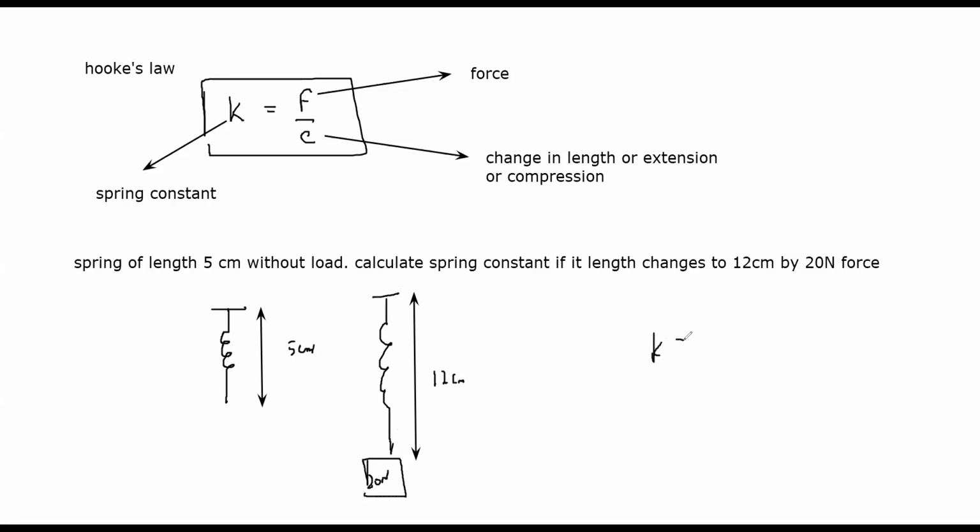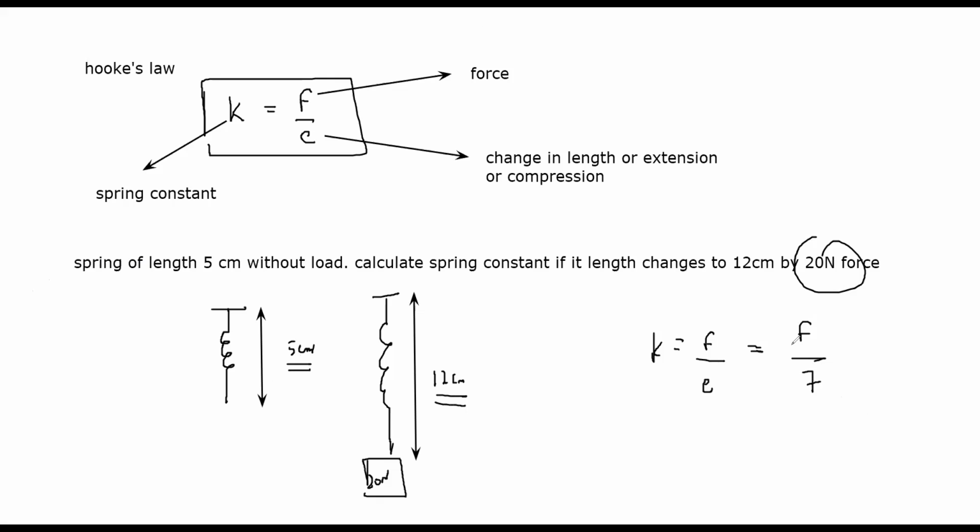So spring constant k is equal to force divided by extension, or force divided by compression, or force divided by change in length. Here the force acting is 20 Newton, but what about extension? What is the change in the length? Originally it was 5, now it is 12. So the change is 12 minus 5, which is equal to 7.